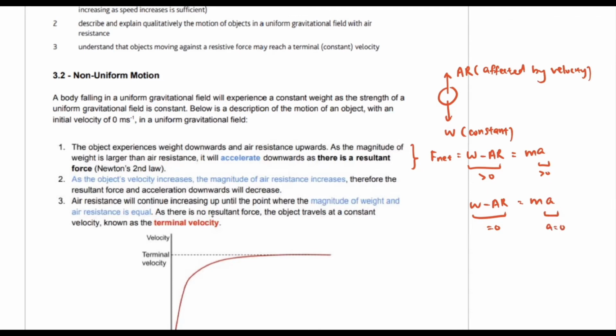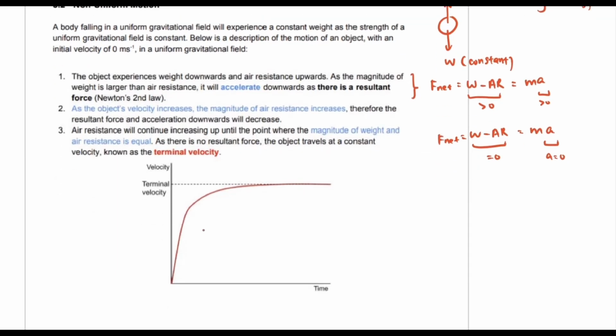So there is no resultant force. When this equals 0, that means the net force is 0. When there's no resultant force, the object will have no acceleration and it will move at constant velocity, and we call this terminal velocity. So the graph is like this.